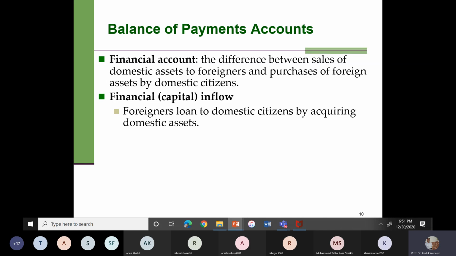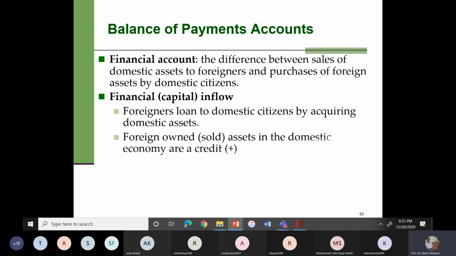So if you are selling your bond to a foreigner, this means you are getting a loan from foreigners. They will get the bond and then they will make a payment. So this is a financial inflow. And then foreigners buy assets sold in the domestic economy. Again, if you are holding a foreign asset, suppose a US bond, and then you sell it, again there will be an inflow.